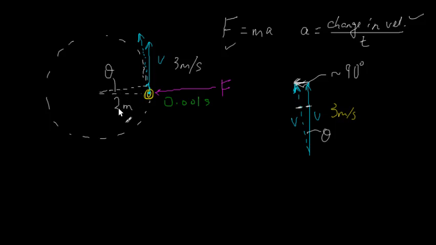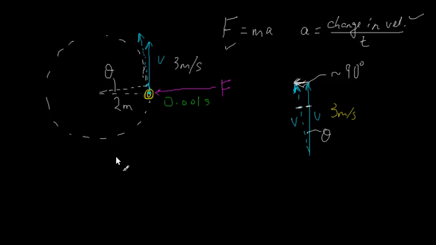I can actually find this angle. You see, if you look at this part here, this angle is made from this radius, this radial line of 2 meters, and the little arc here, when the ball moves for 0.001 of a second.